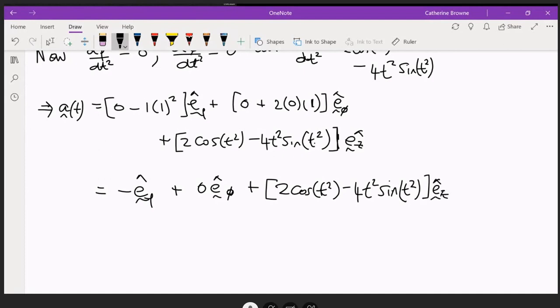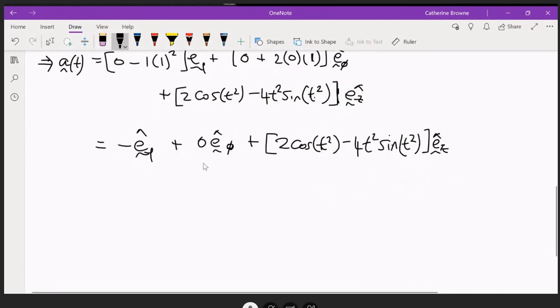In the z direction. So this time there is a component of the acceleration vector in the direction of rho.